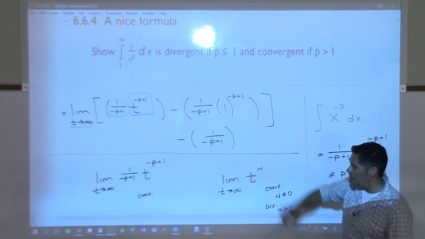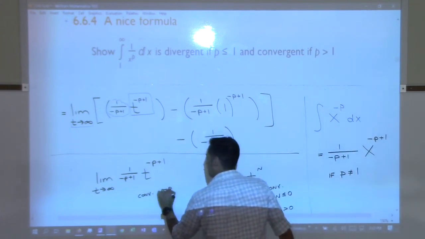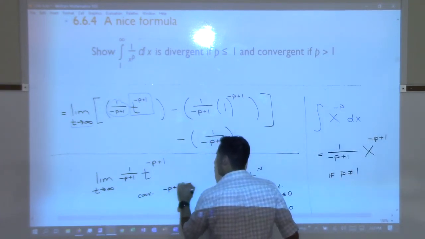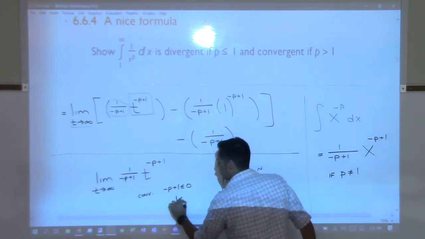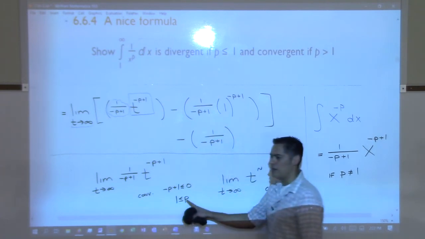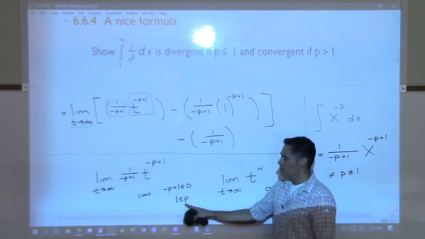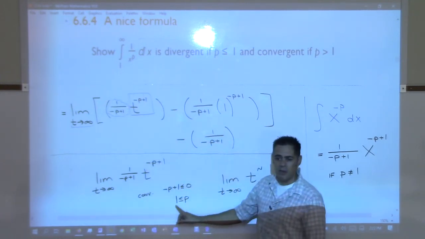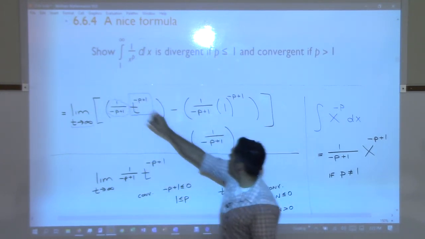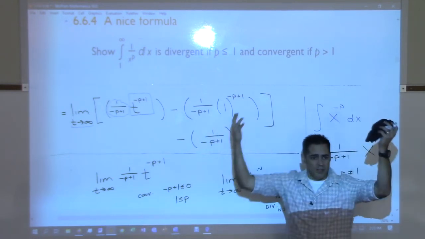What's the power up top? If negative p plus 1 is less than or equal to 0, now solve that. Add p to both sides, and what do you get? 1 is less than or equal to p, or p is greater than or equal to 1. So this piece will converge so long as p is bigger than or equal to 1. And if that converges, and this is a number, then the whole thing converges, doesn't it?